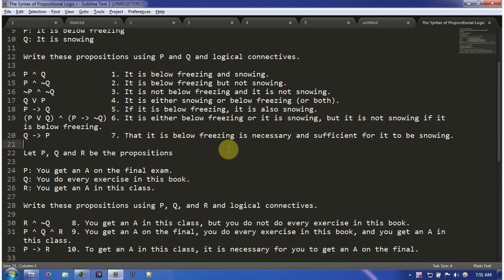As we said earlier, for the if-then logical connective, if P then Q is equivalent to P is a sufficient condition for Q, and if P then Q, Q is a necessary condition for P. So in this sentence, we have necessary and sufficient. So instead of an if-then, we have a biconditional.